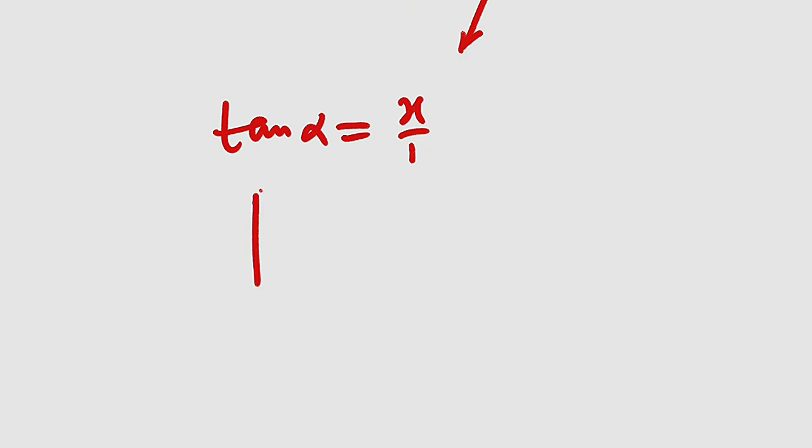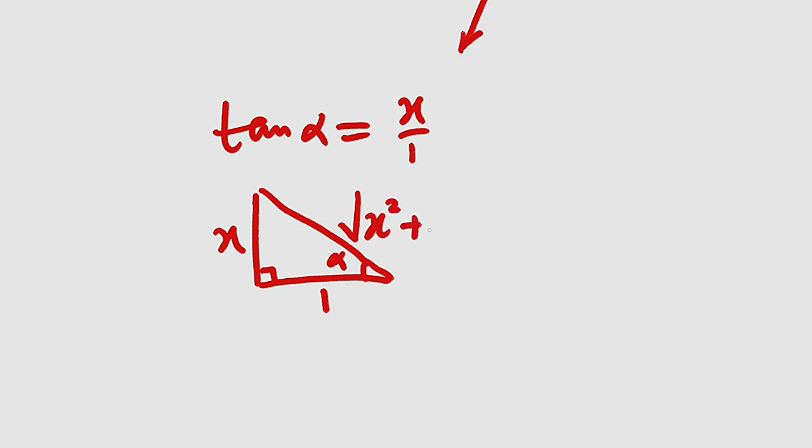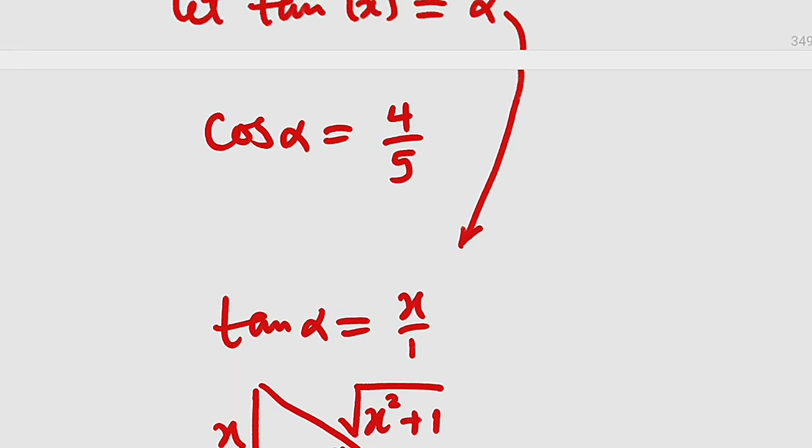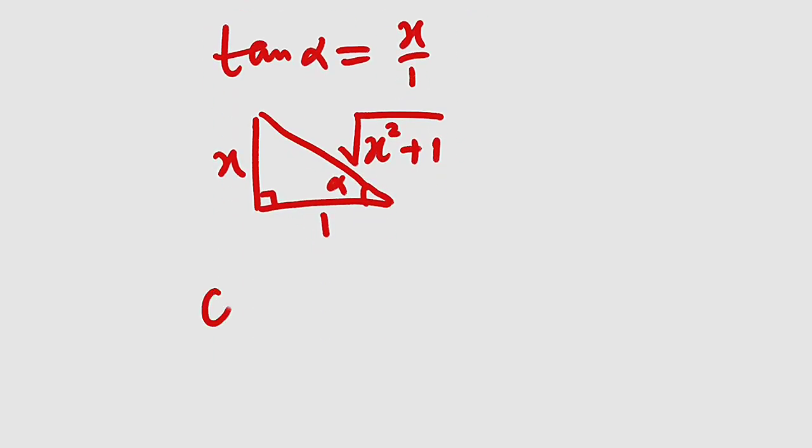So from a right angle triangle again, this is our alpha, this is the right angle. Tangent alpha is opposite divided by adjacent. So what will be the hypotenuse? It will be the square root of the sum of these squares, x squared plus 1 squared, which is the same as x squared plus 1. So what will be cosine of alpha?